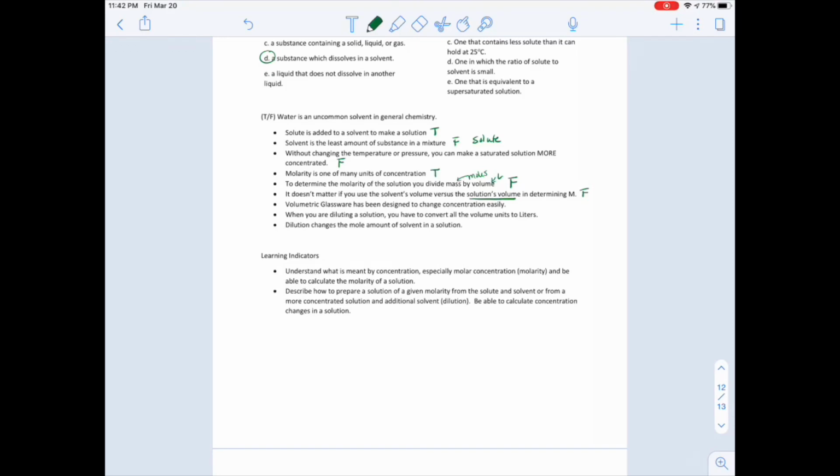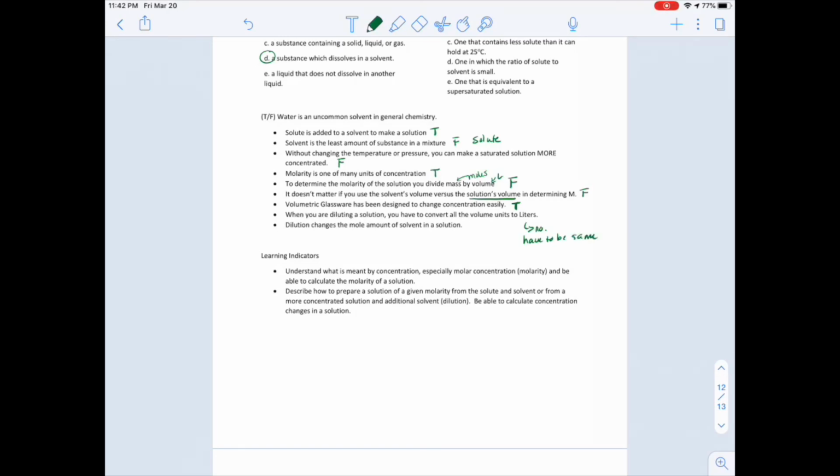Volumetric glassware, now if you watched those videos, you would have seen this one, has been designed to change concentration easily. That's true. Again, if you want to see that one, go watch that video. That's closest to this section. And when you're diluting a solution, you have to convert all the volume units to liters. That is not true, but they do have to be the same.